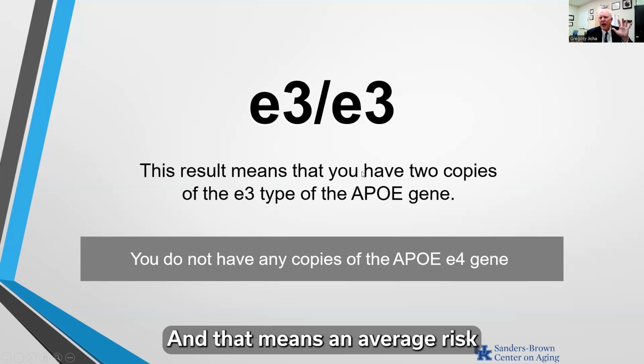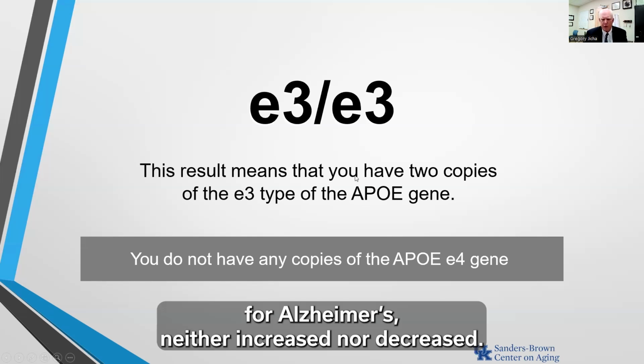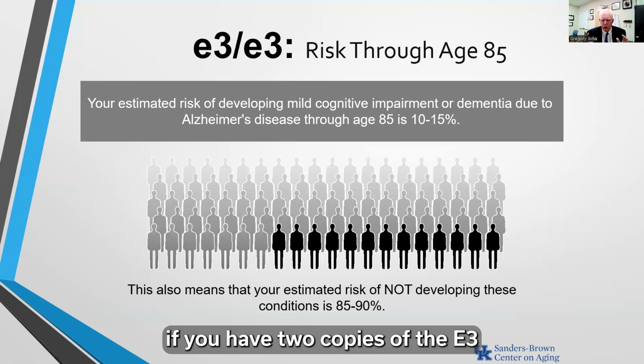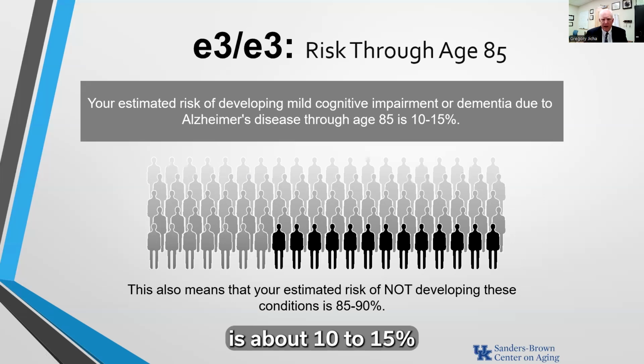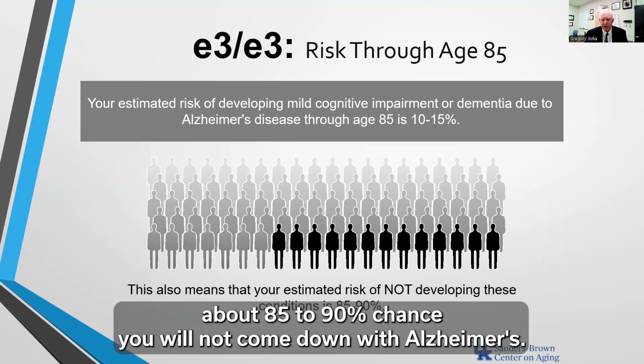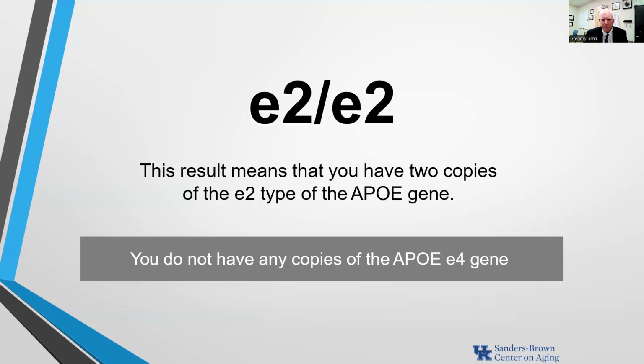And that means an average risk for Alzheimer's, neither increased nor decreased. And so when we look at that, we know that your risk, if you have two copies of the E3, is about 10 to 15% to get Alzheimer's in the future, or conversely, about 85 to 90% chance you will not come down with Alzheimer's.